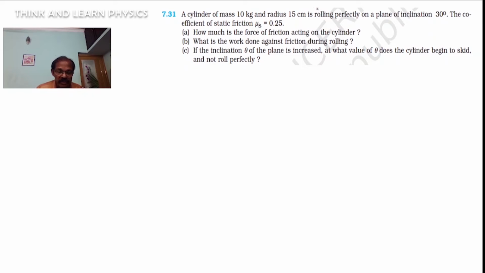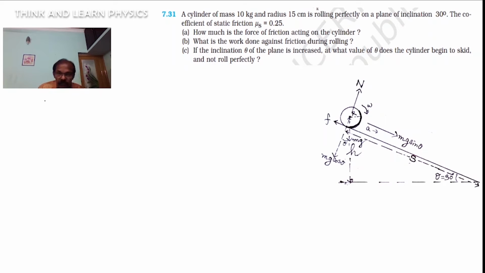Let's draw a diagram. In the diagram, the cylinder of radius r rolls down on an inclined plane. The height from which the cylinder rolls is h, and the distance from the cylinder to the bottom of the inclined plane is s.